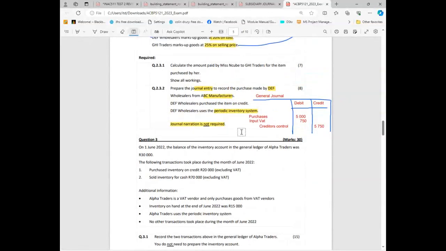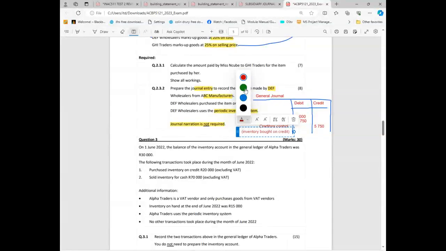You were supposed to come here at the bottom and just summarize whatever you recorded there. You can just say inventory bought on credit. There's no formula.